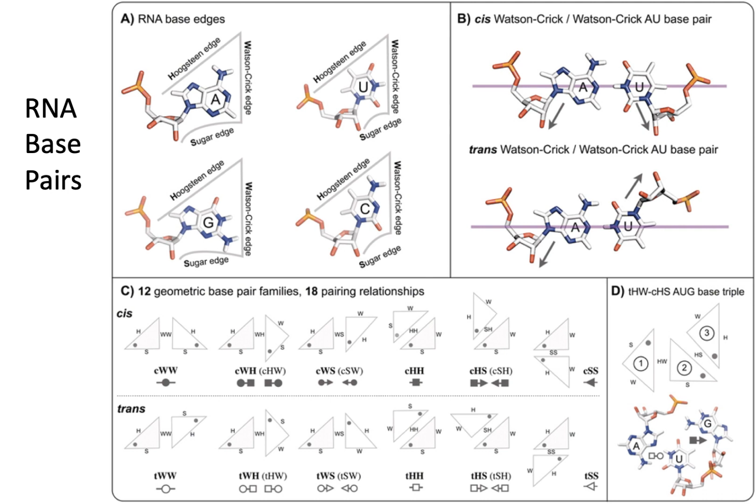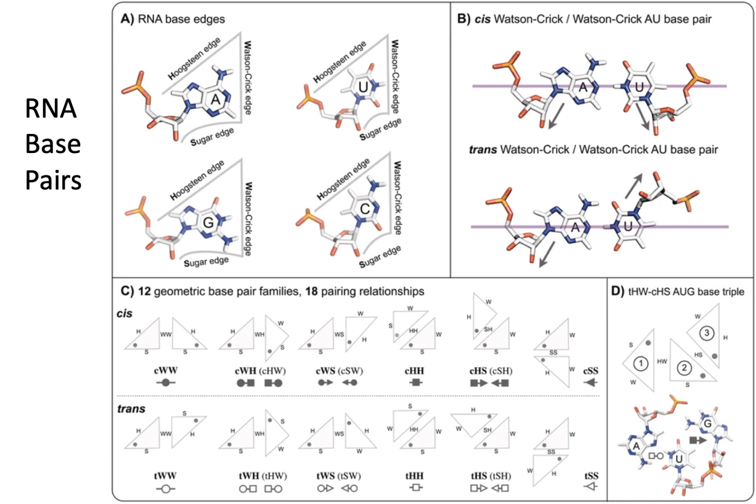So that adds up to 12 geometric base pair families, and there's actually 18 pairing relationships, because with the ones that have different edges, that is Watson-Hoogsteen, Watson-sugar, Hoogsteen sugar, you can have a couple of different orientations based on which one has the sugar edge and which one is using the Hoogsteen edge, etc. So there are 18 pairing relationships.